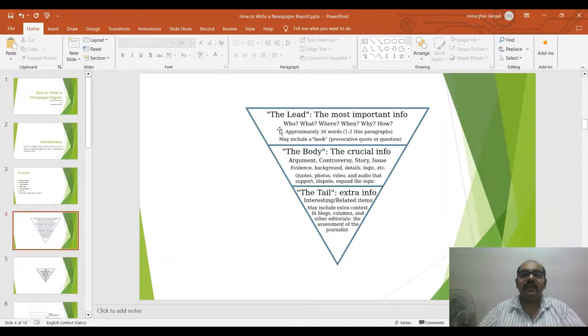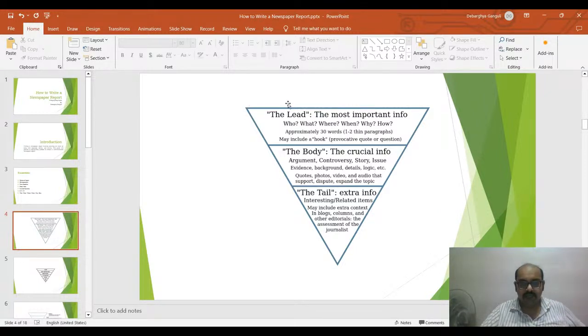Now, first comes the base of the pyramid, that is the lead. That is what is most important. Which part of the story is most important? That is, who did the act, what happened, where did it happen, when did it happen, why did it happen, and how did it happen. Now, out of all these six questions, you must answer two or three over here. On top of this, you have the title. On the right hand side, you'll have by a special correspondent or by a staff reporter.